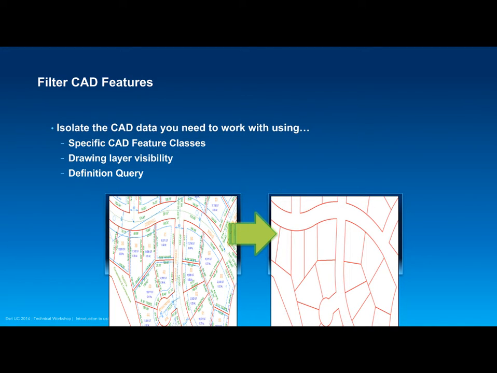So we can generate these GIS layers that are thematic in nature, which is what we're used to doing in GIS. It's how we like to build and organize our data into thematic layers. So we can pull information out of a big CAD data set that has a lot of different information. We can filter it down to an individual thematic set of information and convert it to a GIS layer.